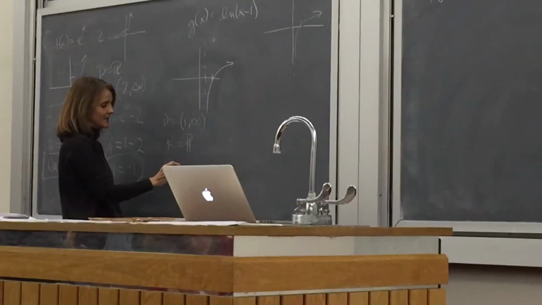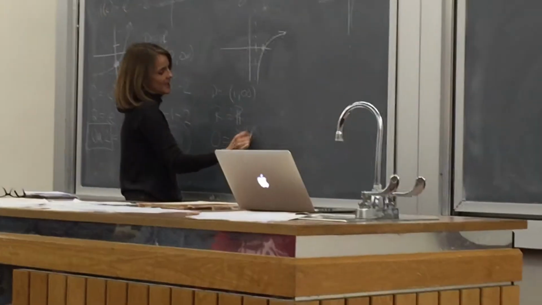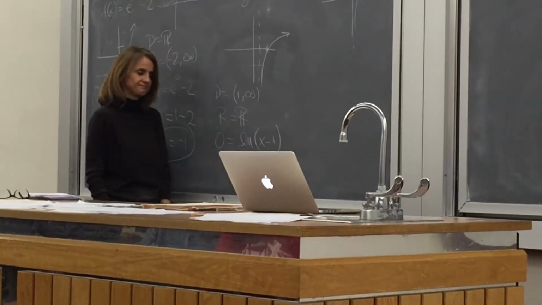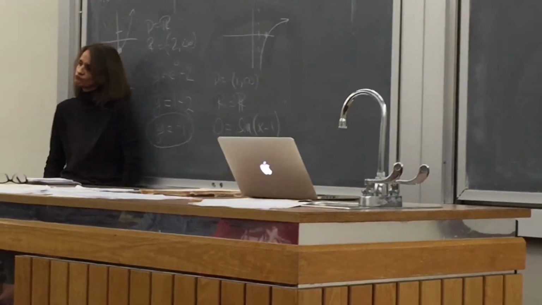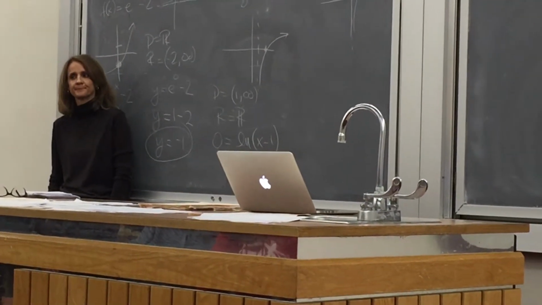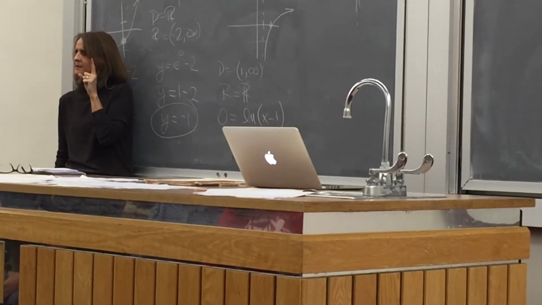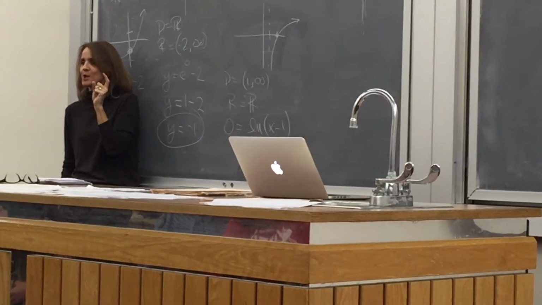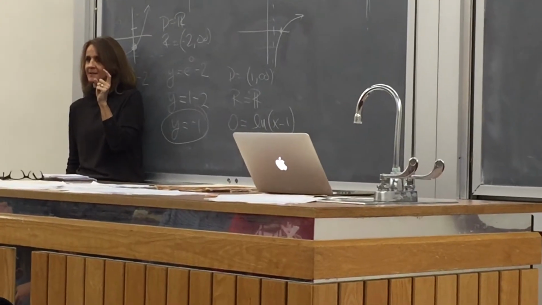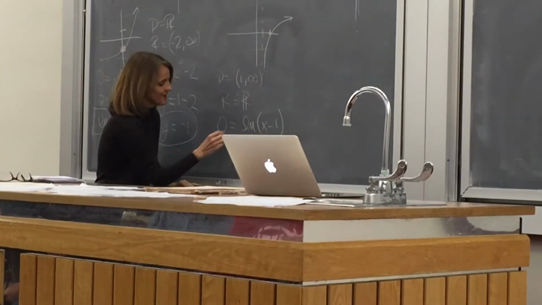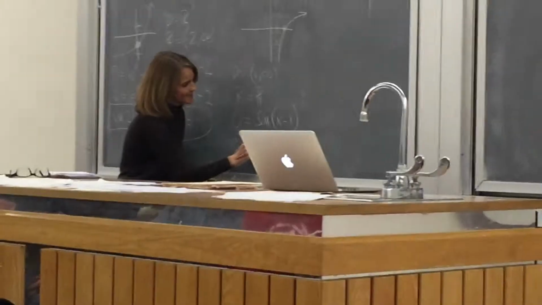We'll put 0 equals the natural log of x minus 1. Now what? Is anybody awake? Yes, you're awake. Prove it. e to the 0 equals x minus 1.